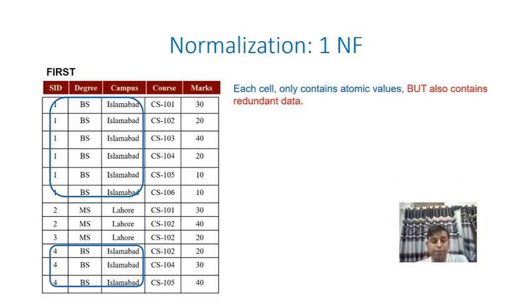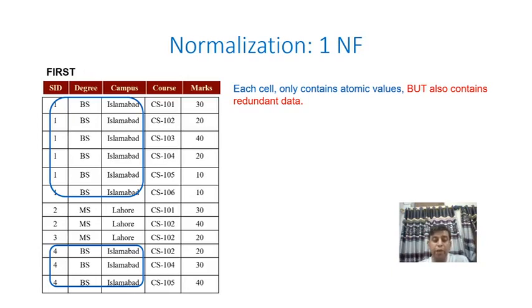Let's say in this tabular format, at the end, if we want to specify SID 5, degree program PhD and campus Karachi, we cannot enter this data in this table. Why? Because we don't have the course information, and obviously we don't have the marks information.